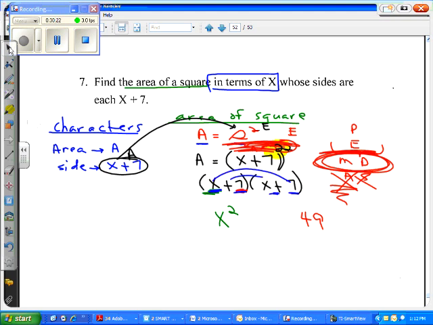It's like there's two of those going on. So in the middle, you have 2 times the product of x and 7, or 2 7x's. And when we put those 2 7x's together, we get a 14x.